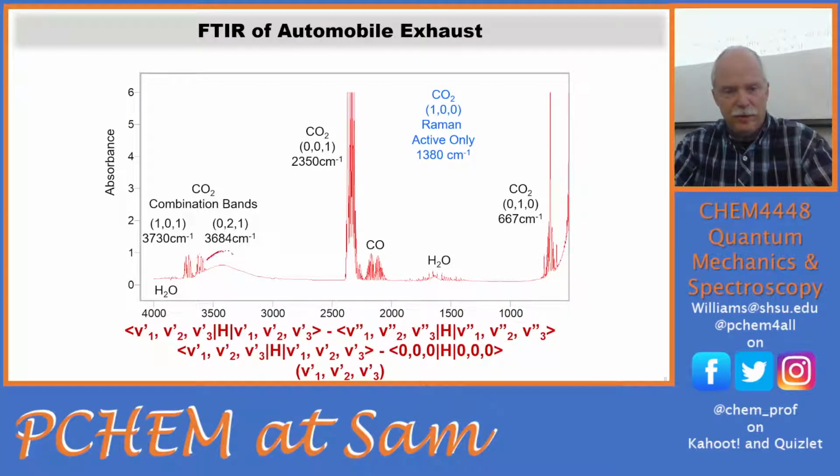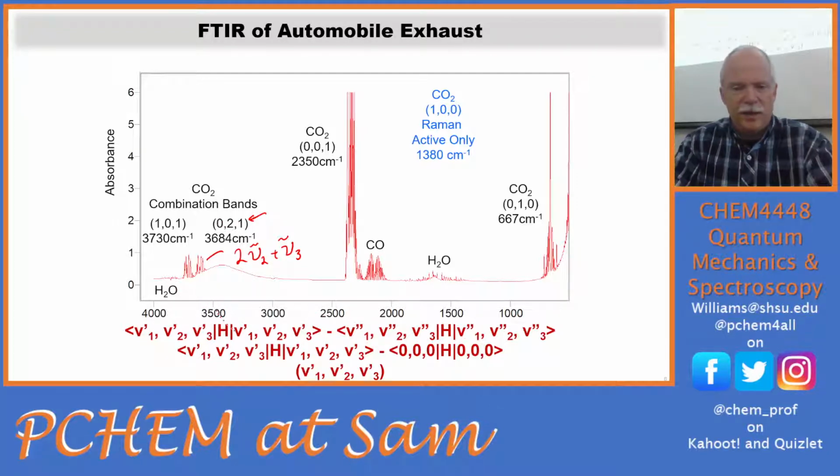This one is the 2 nu 2 plus nu 3. And can you see how it's being shown here with the parentheses? And so that's kind of what's being done here on the x-axis. This is just showing you the Schrodinger equation here for the 3 vibrational modes, and here's the other Schrodinger equation for the 3 vibrational modes, and we're taking the differences in the excited states to the ground states.